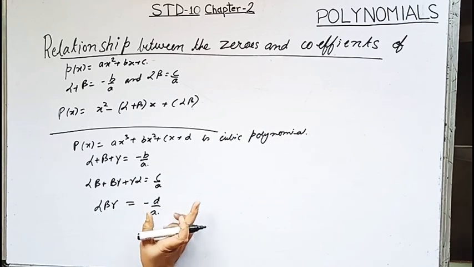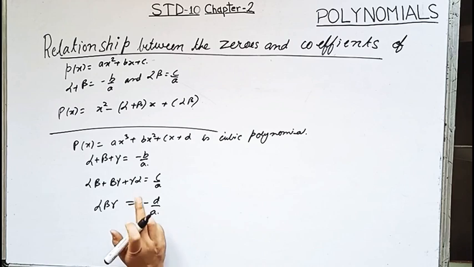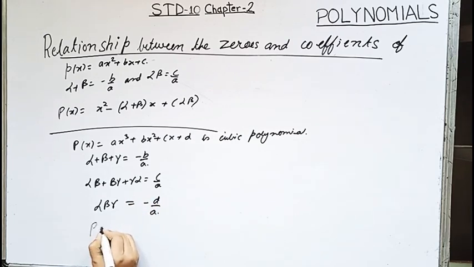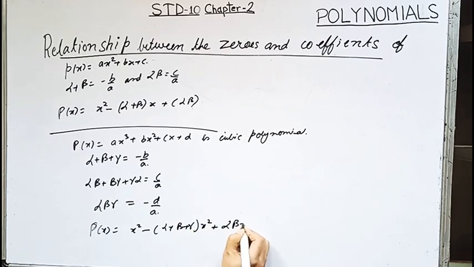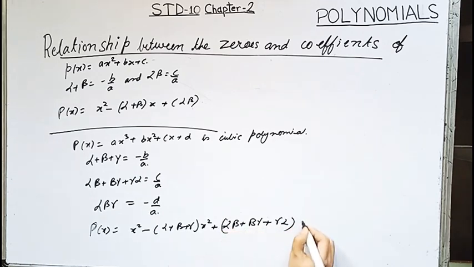Therefore the cubic polynomial whose zeros are alpha, beta and gamma will be given as p(x) = x^3 - (alpha + beta + gamma)x^2 + (alpha beta + beta gamma + gamma alpha)x - alpha beta gamma. Take care about the signs.